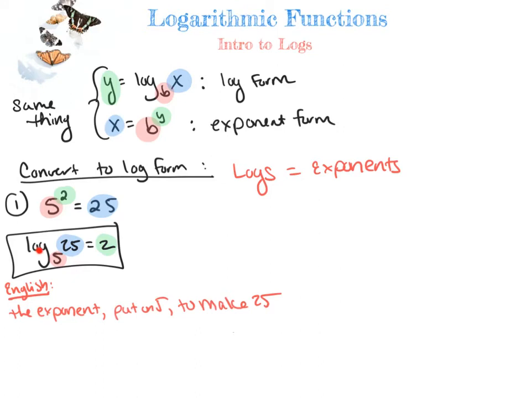So the exponent we put on a 5 to make 25 is 2. So this is read, the exponent we put on 5 to make it a 25 is 2.